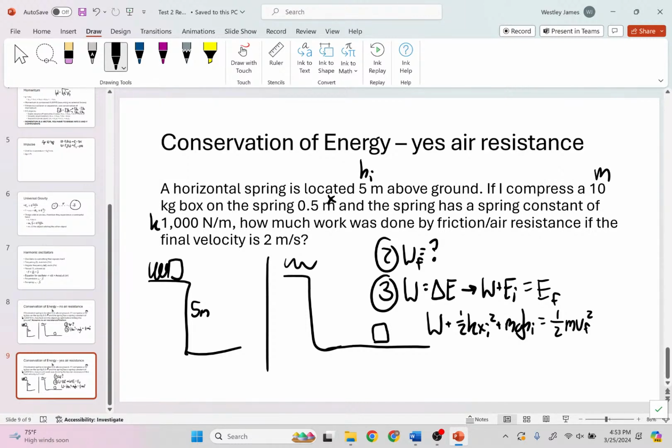Math is math. Whether you do it in the beginning or the end, with variables or with numbers, it should always work out. The question was, could I have left it as work equals energy final minus energy initial, just plug things in and call it a day? Yes, in which case you save yourself an algebra step.